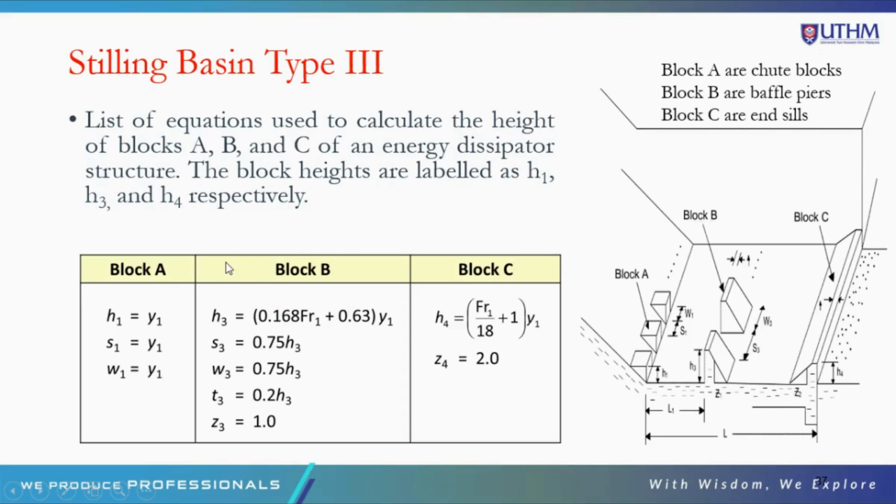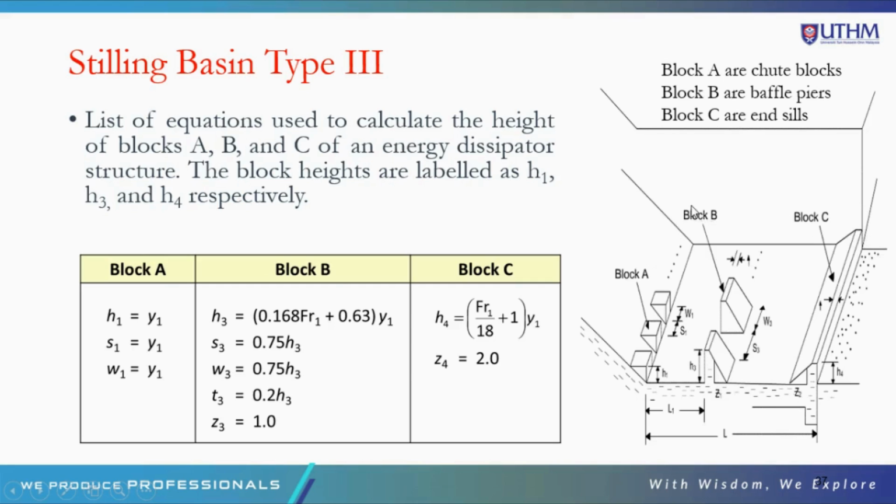This is the equation we need to use for the design of the Stilling basin. For block A, the row of block A, we use this equation. For block B in the middle, and block C at the end of the structure.